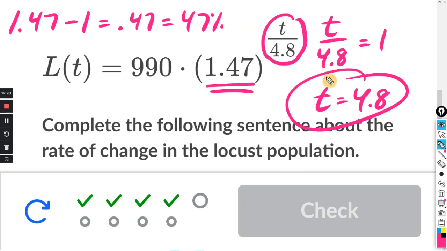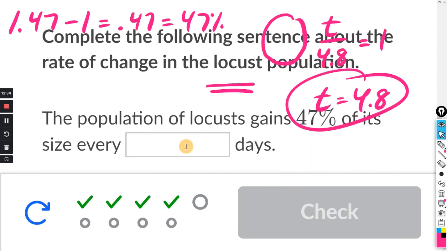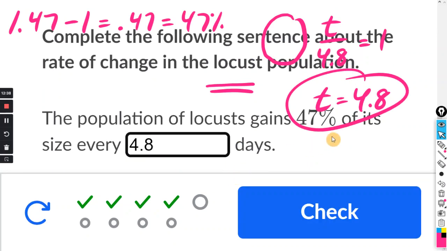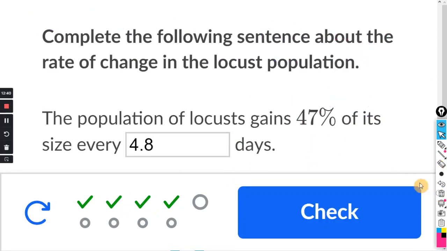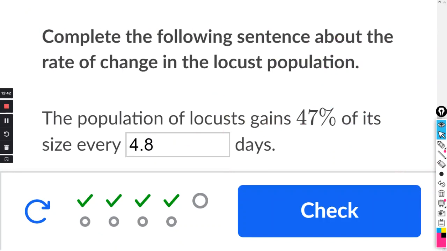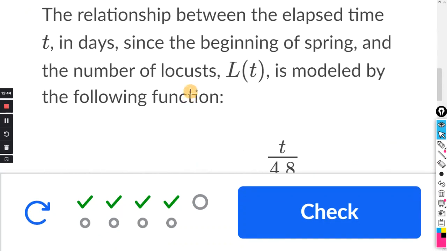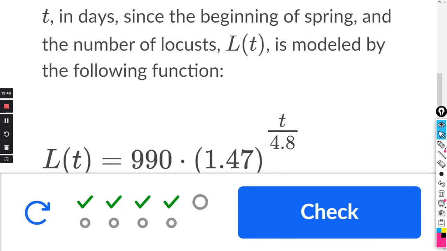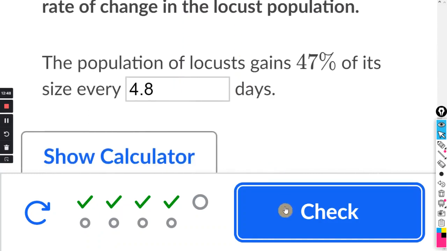Every time t goes up by 4.8, the overall fraction increases by 1, and it gets multiplied an additional time every time this whole exponent goes up by 1. So that's it. It's every 4.8 days. Only thing you want to make sure of is that t was in days. And if you want to double check, t is in days. So it's just 4.8.